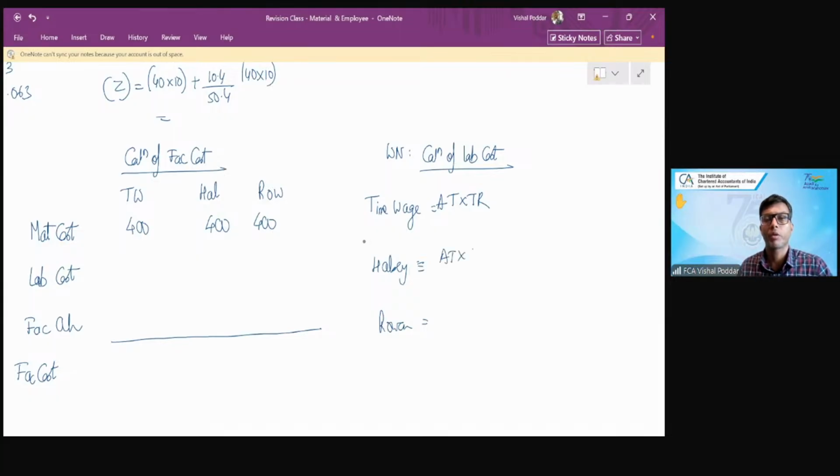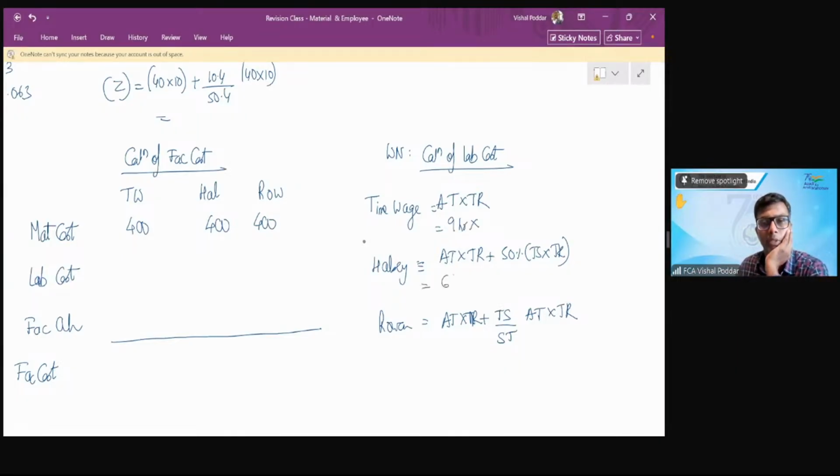Halsey, we already saw the formula: actual time into time rate plus 50% of time saved into time rate. Rowan plan also, we saw: actual time into time rate, and then time saved upon standard time. Now, this is 9 hours, which is the actual time here, but here the same thing becomes 6 hours. I hope you all now understand and remember this.